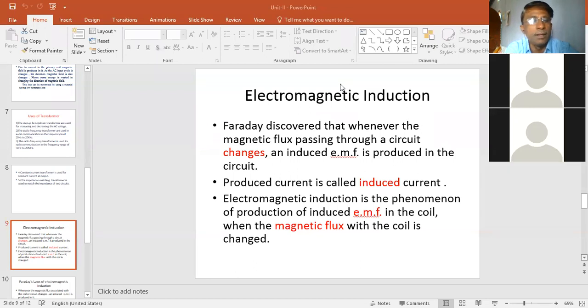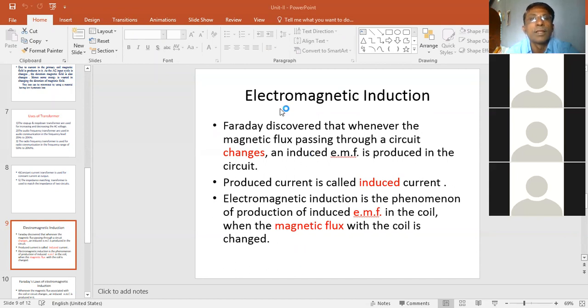So can anybody say something about the magnetic flux? Can anybody tell what magnetic flux is? Anybody? You can say something about this magnetic flux.